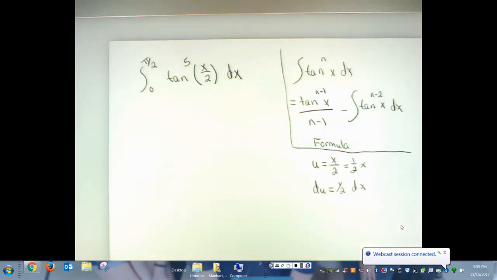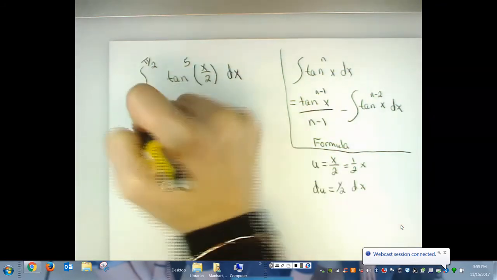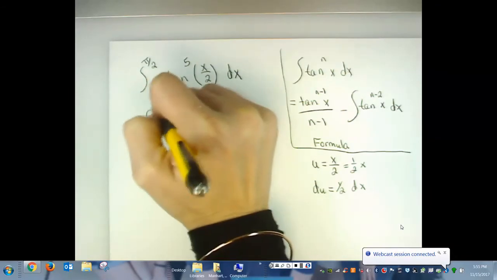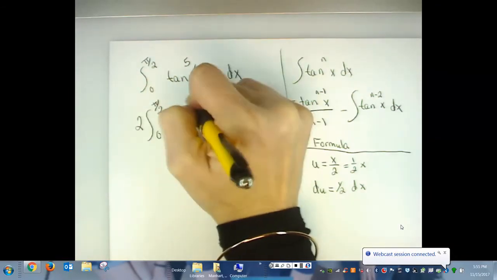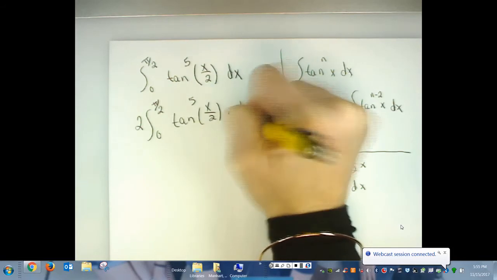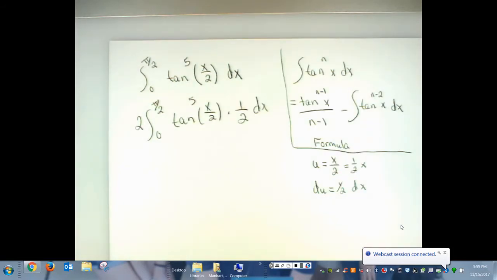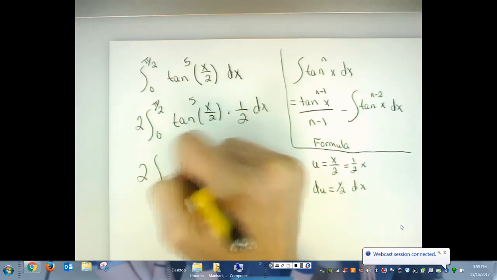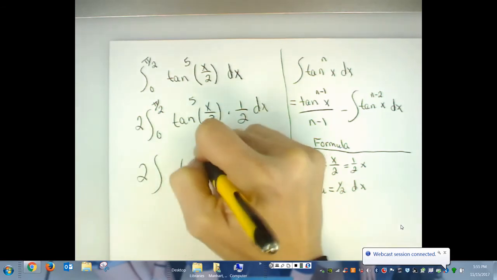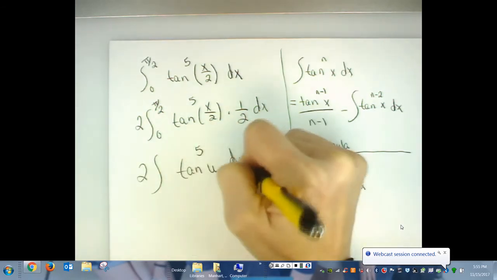Thereby, we would need a 2 on the outside and a 1 half on the inside. Now we can change over to u, but we will have new limits. So that's tangent u to the 5th du.